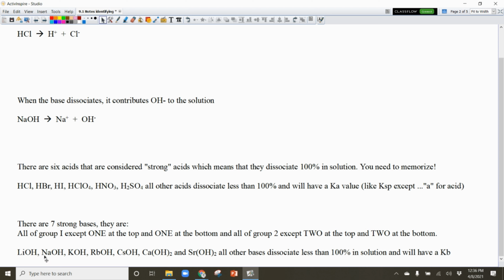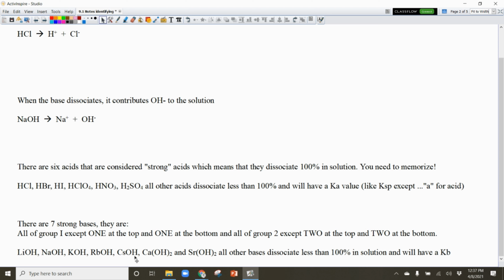So it's group 1 except for 1 at the top and 1 at the bottom. That's going to include lithium, sodium, potassium, rubidium, and cesium. Those are all strong bases. So it's going to be lithium hydroxide, sodium hydroxide, potassium hydroxide, rubidium hydroxide, and cesium hydroxide.